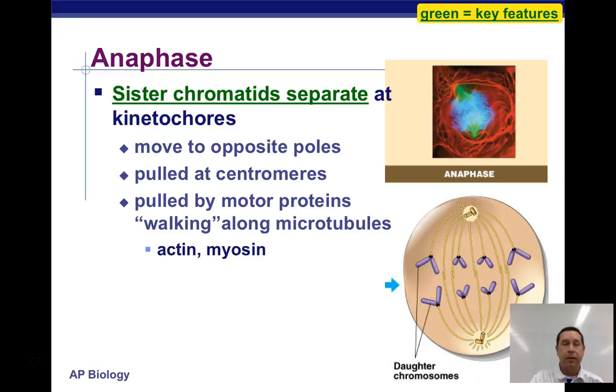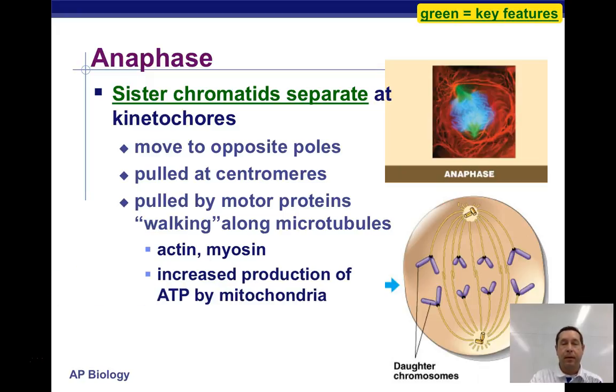Again, the proteins are actin and myosin, the same proteins that make up our skeletal muscle. Since we're using energy here, we need to increase the production of ATP by the mitochondria. The poles themselves are actually going to move further apart, pulling the chromosomes, sister chromatids, apart.